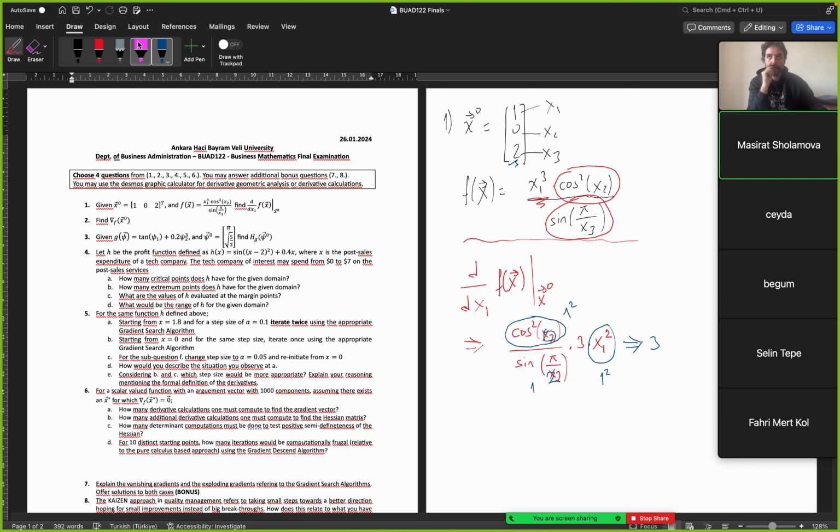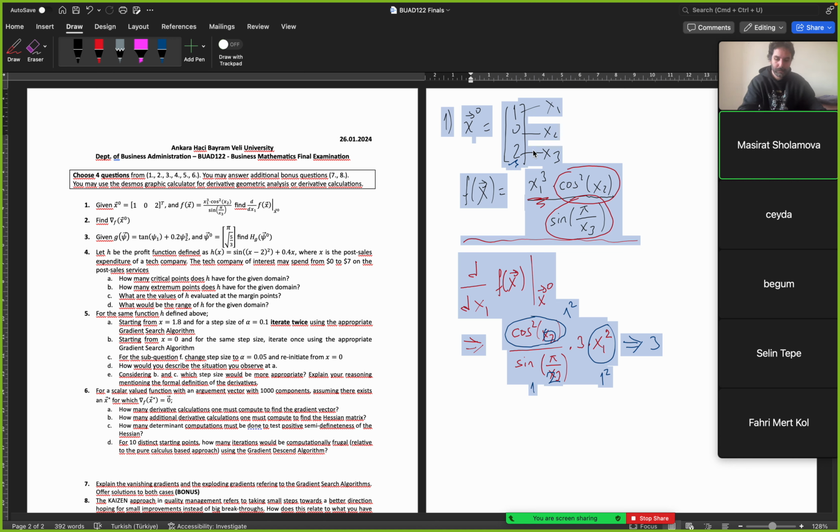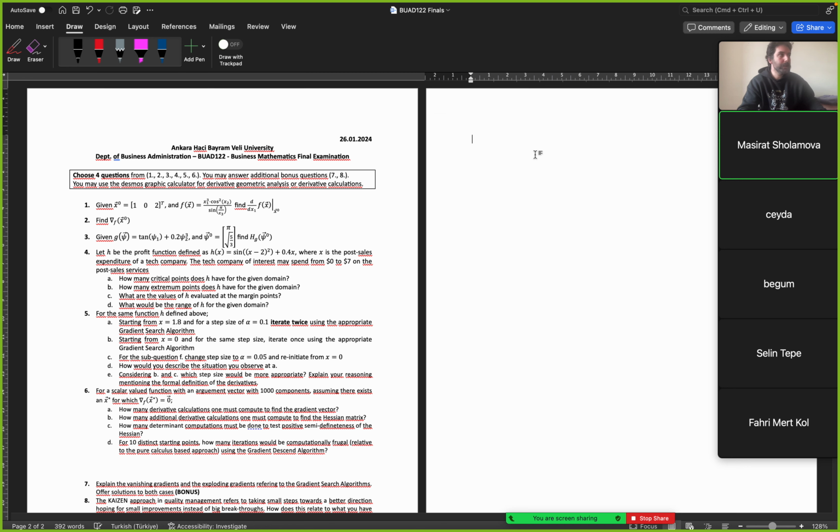Teacher, I have a question. Yeah, shoot. So here the cosine will not be a minus sine, yeah? No, because it's just a constant. It's the term with x2, not the term with x1. I thought like the thing that we had in class, like cosine became minus sine and sine became a cosine, and I did it like this.